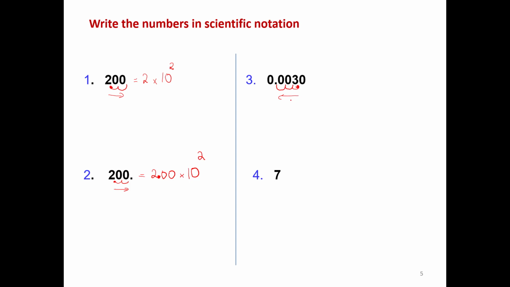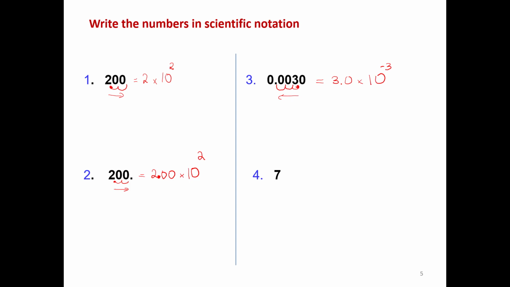Then this is another way we know the exponent must be negative. Then here is 3 point. Here we had 2 significant digits. We need here 2 significant digits. Then it's 3.0 times 10 to the power 1, 2, 3 to the left. Then it's negative 3.